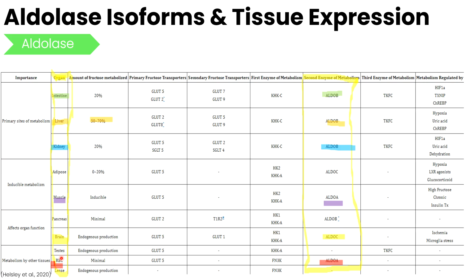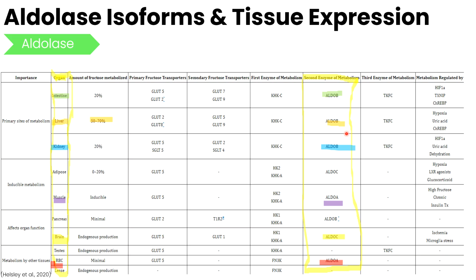Different tissues, as seen here, have different metabolic roles and demands. Therefore, their aldolase expression reflects their specialization. Most importantly, for the remainder of our lesson, Aldolase B is prominent in the intestine, liver, and kidney, and these are the primary sites of fructose metabolism identified in this source.